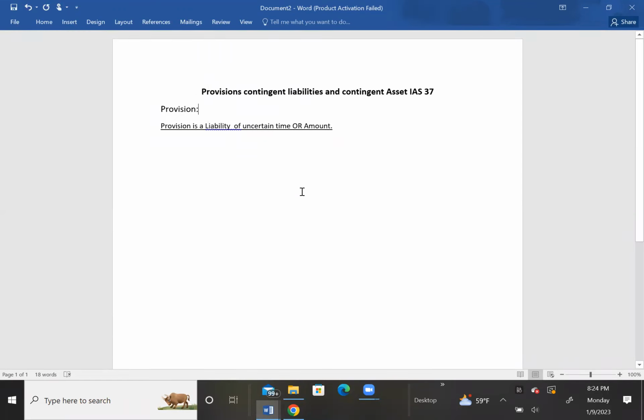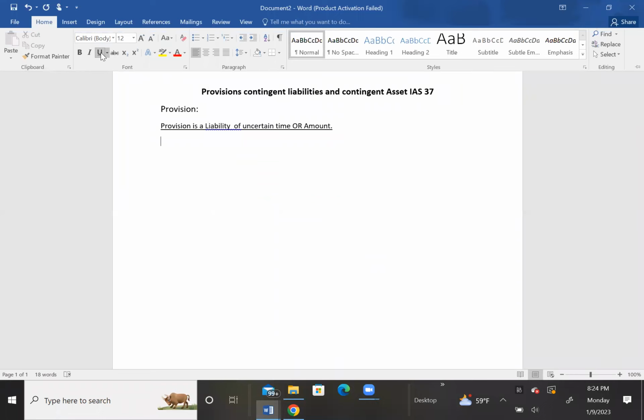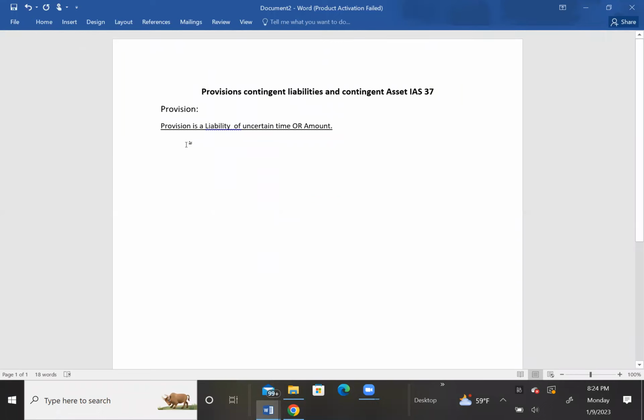Provision is a liability of uncertain time or amount. So it is a liability. Liability means that there is a present obligation. You have to fulfill your obligation, but at what time there will be an outflow of economic benefit, or what would be the exact amount which would be involved to settle that liability, that is not certain, that is uncertain. Such liabilities are known as provision.